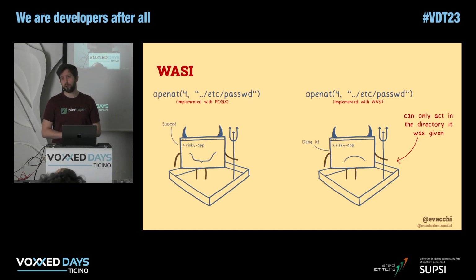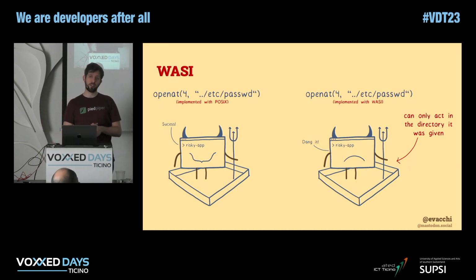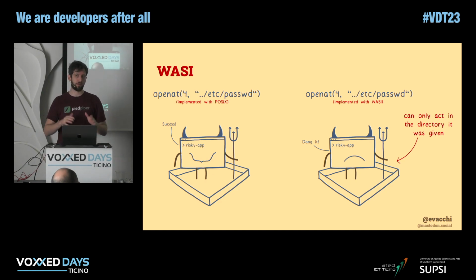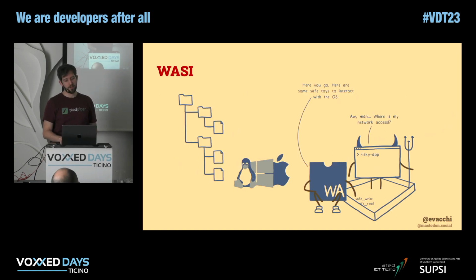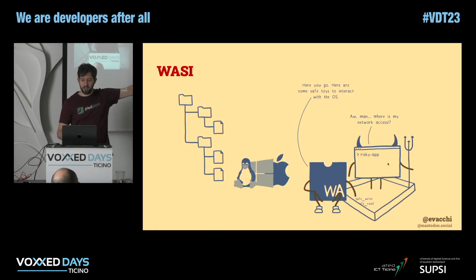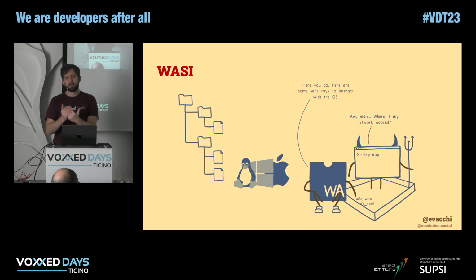Most operating systems nowadays, especially mobile operating systems, are doing that. You may notice, even on proper macOS, you sometimes have to give privilege to an application to open a specific directory instead of the whole file system. So instead of giving your evil executable, the risky application, an entire view of your root file system, you just give it a view of a scoped part so that you limit the attack surface.